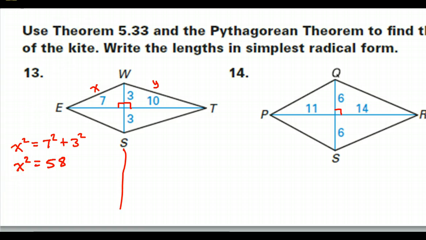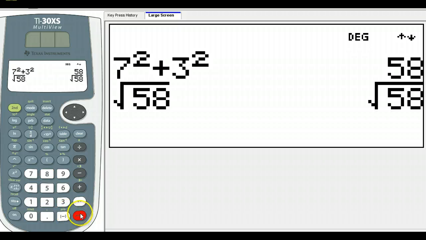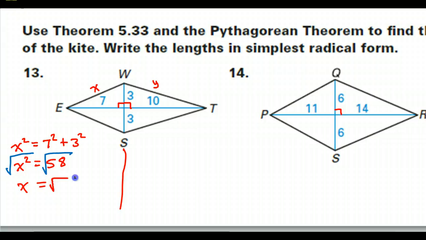If I take the square root of both sides, that's going to give me x equals the square root of 58. It doesn't simplify, so we'll just leave it as square root of 58.